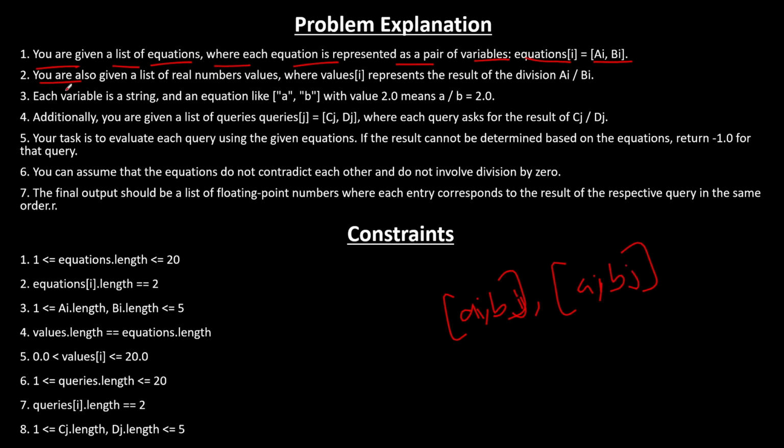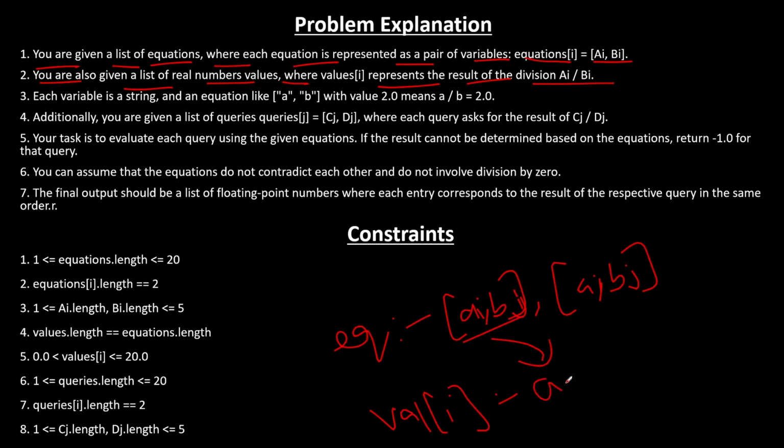So you are also given a list of real number values. This is the equation, and this is the value, which represents the result of the division of Ai divided by Bi. Basically, this gives the output of this division: a1 divided by b1, then a2 divided by b2.